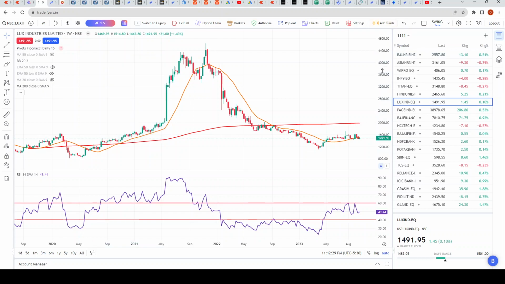Simply amazing. So these are the basics. As I told you, I'll just recap everything. Bollinger Band, default settings, unmark everything and just keep the median. You just need to watch the median. The median of the Bollinger Band is nothing but the moving average 20. Whether you use the moving average 20 or the Bollinger Band median is the same thing.